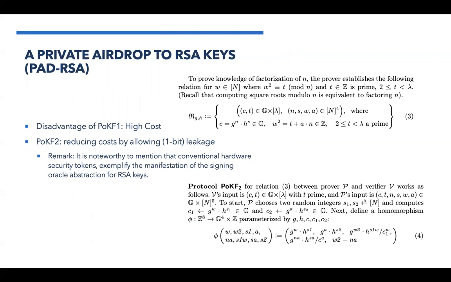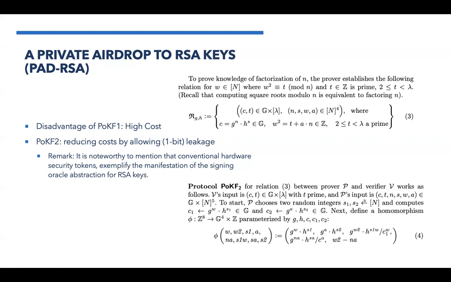In this section, in the slides, we unveil a protocol that not only mitigates the burden of verification and communication, but also embraces the disclosure of a solitary bit concerning N. While this leakage may raise eyebrows in certain scenarios, it proves acceptable within the realm of private airdrops.